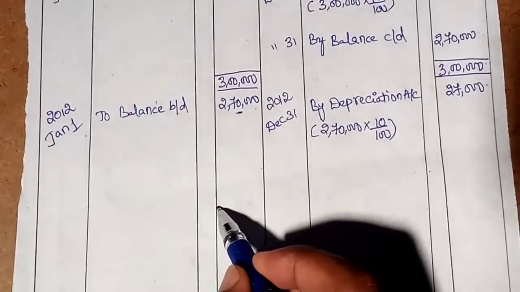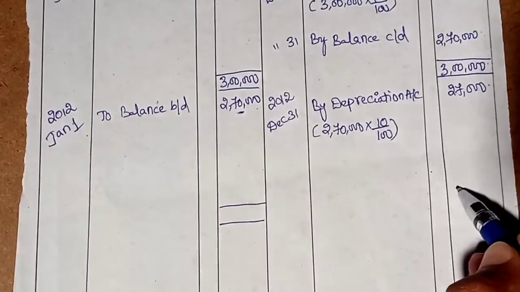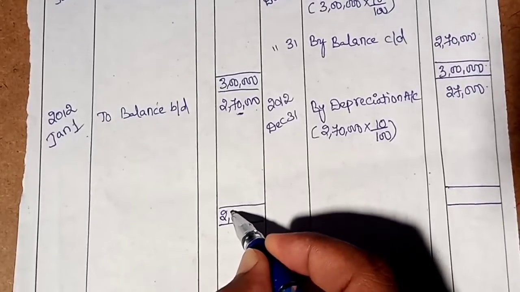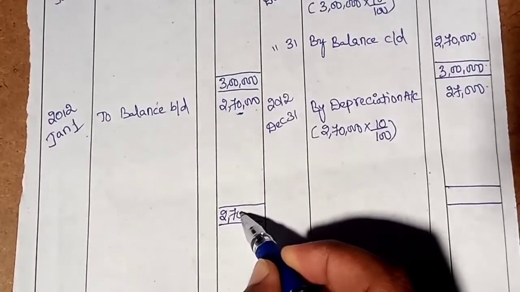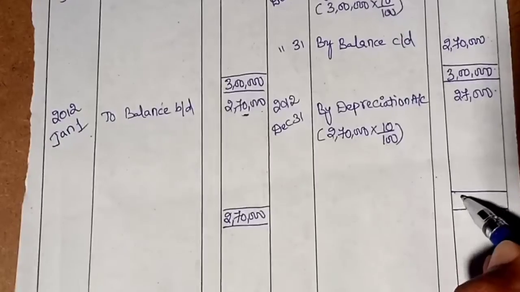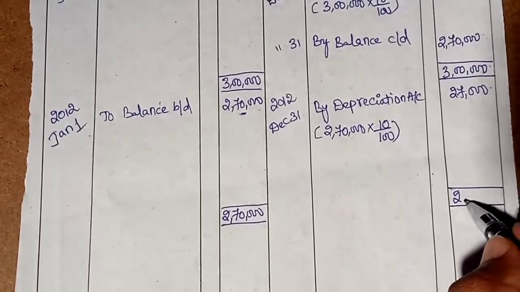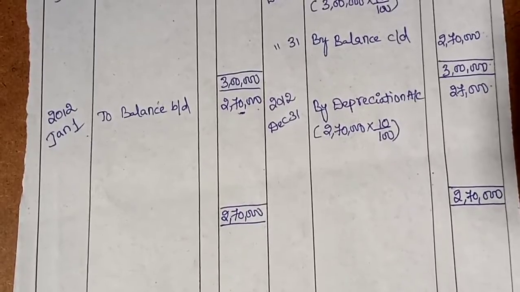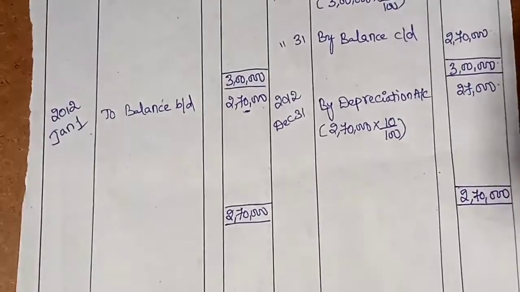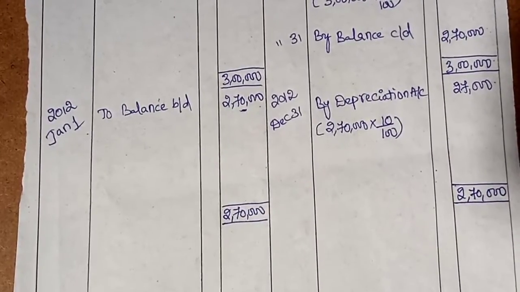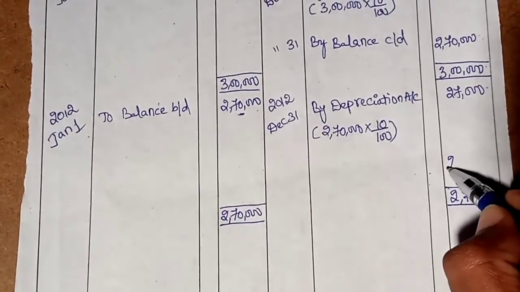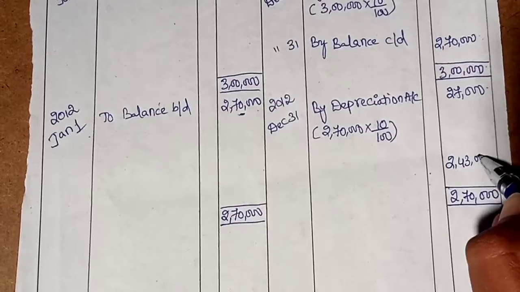Next we have to balance this. Obviously the debit side has the higher amount, 2 lakh 70,000, the same amount carried to the other side, 2 lakh 70,000. From 2 lakh 70,000 less 27,000. After deducting the 27,000, the difference amount is 2 lakh 43,000.